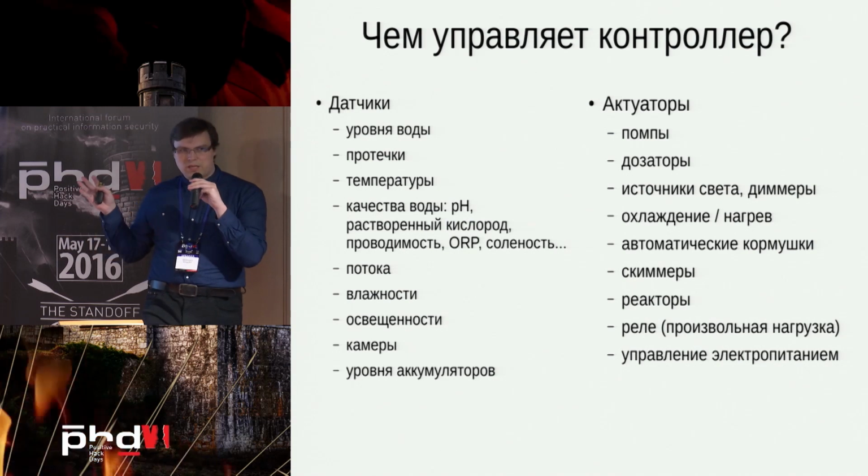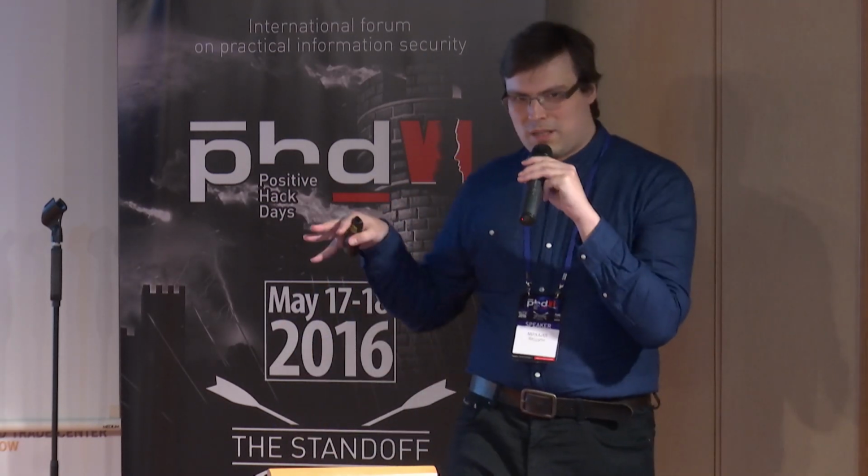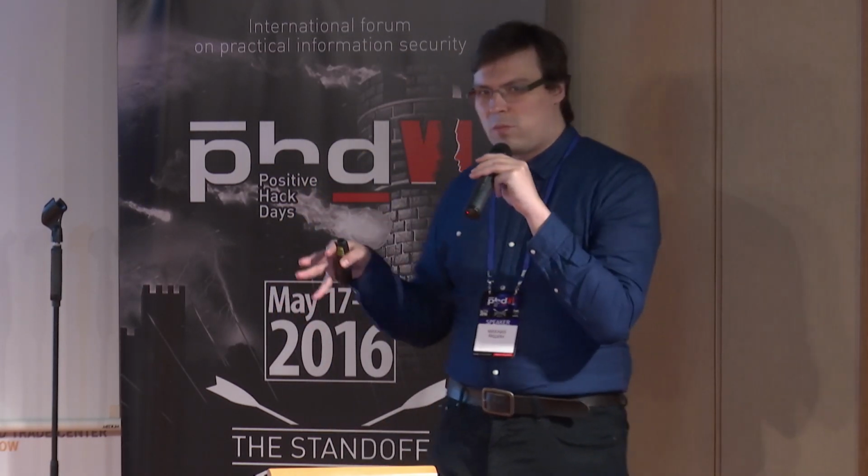Flow sensors, humidity gauges, lighting sensors. We have to be in control of our light bulbs, the lighting systems that we use to light our aquariums, terrariums, and so on and so forth.